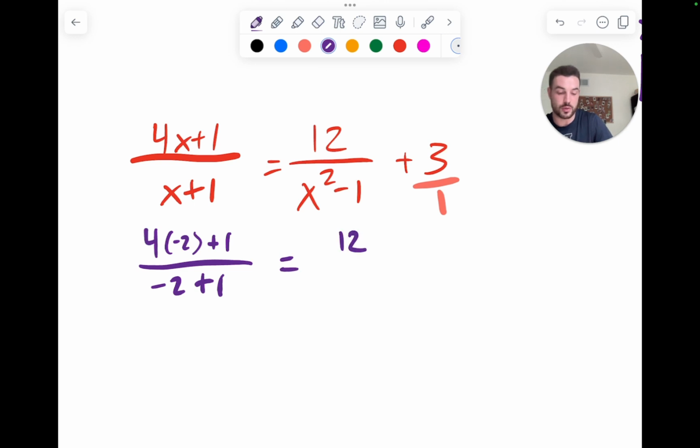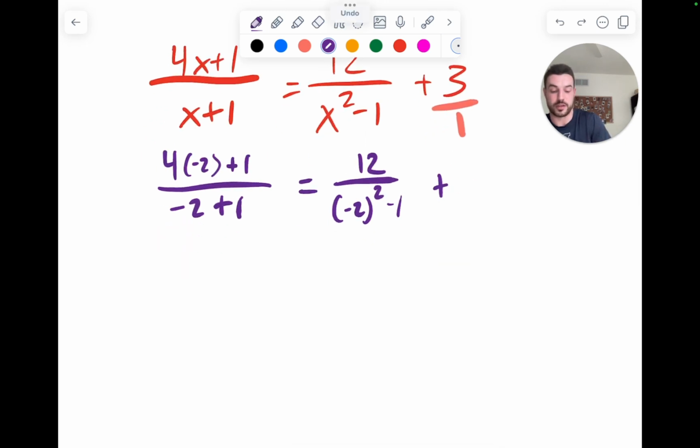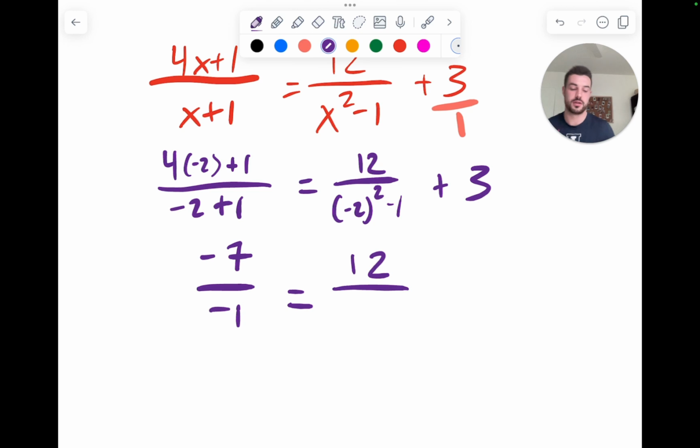Should equal 12 over negative 2 squared minus 1 plus 3. So I'll get negative 8 plus 1, or negative 7 over negative 1. Should equal 12 over, that's going to give me 4 minus 1, which is 3 plus 3.